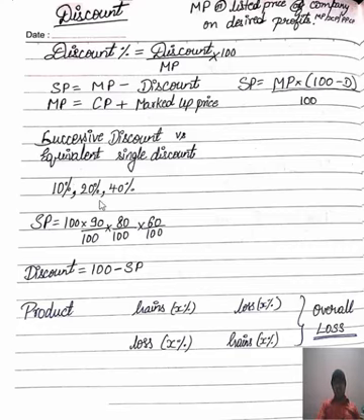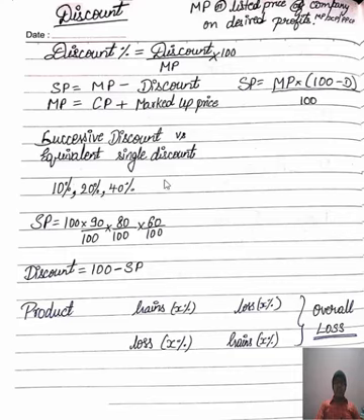Now consider a scenario where you get a 10% discount plus 20% discount plus 40% discount. First you get 10% discount. Suppose the amount is 100 rupees, 10% is discount, so you have to pay 90 rupees. For this 90, again 20% discount means 18 rupees they will be leaving, you have to pay only 72.